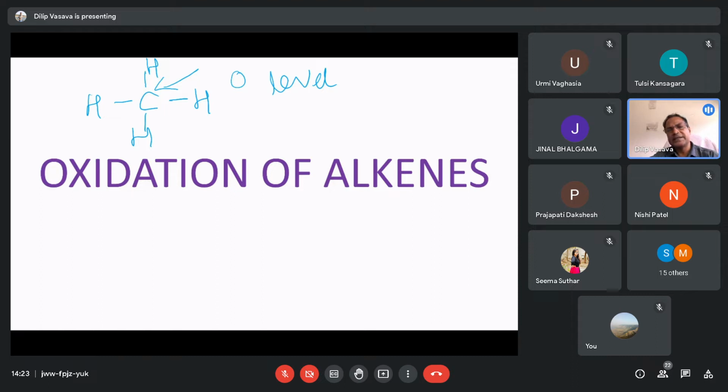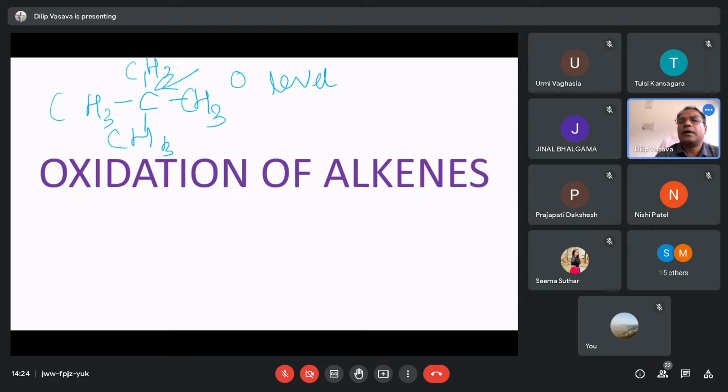This is the lowest oxidation state for the carbon, that is zero. So if suppose it is CH3, CH3, CH3, then here also the oxidation level is zero, because none of the electronegative atoms is present here attached to the carbon atom.